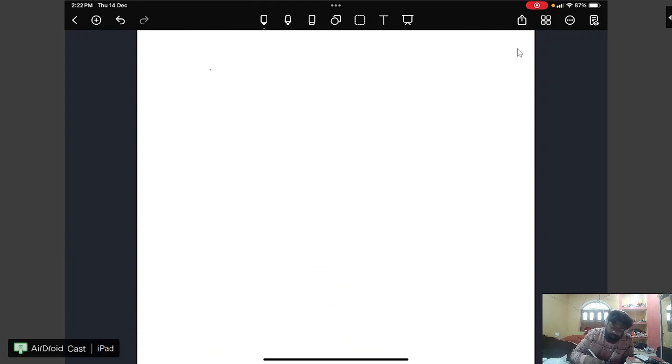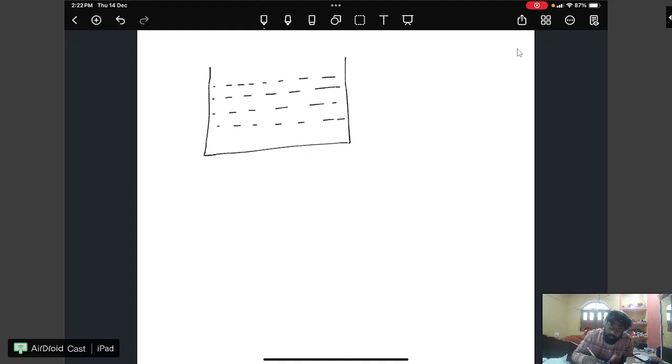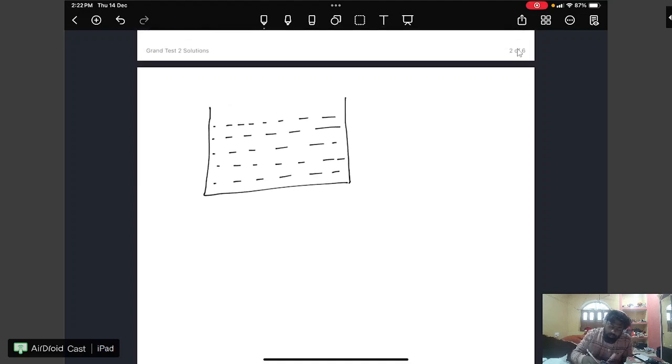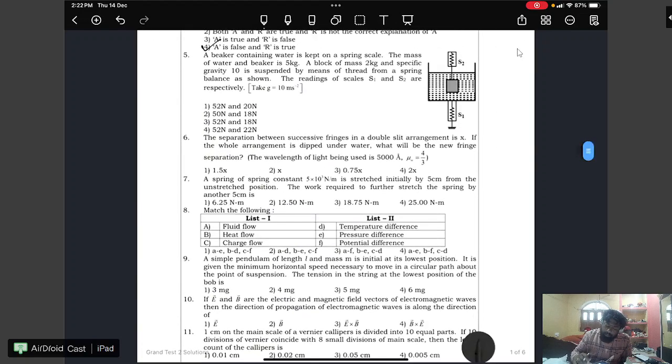So first thing, there is a beaker. In this beaker, water is there. Now here spring S2.